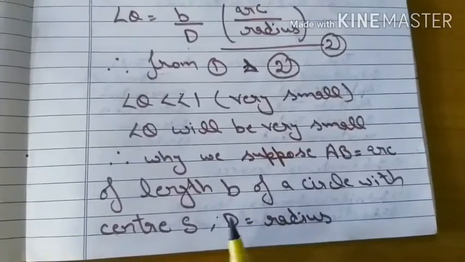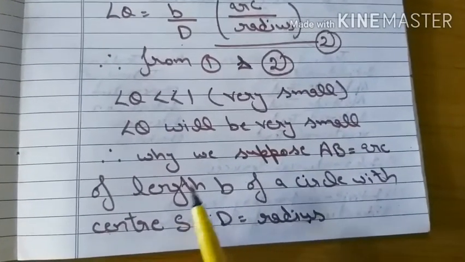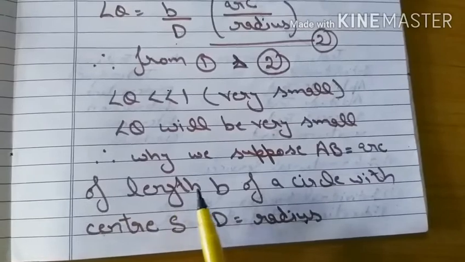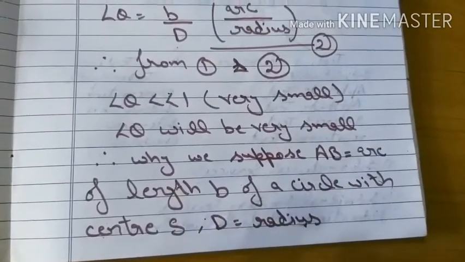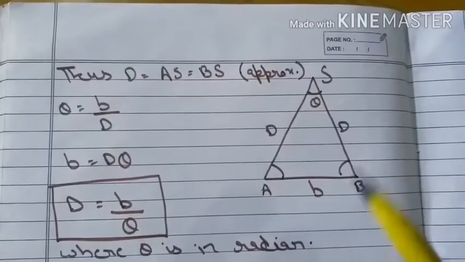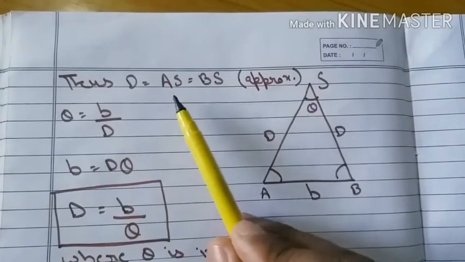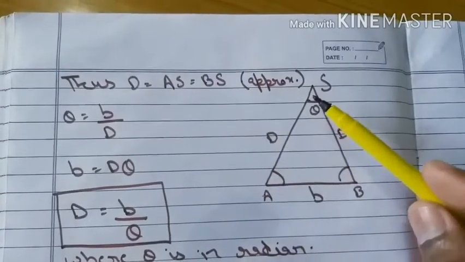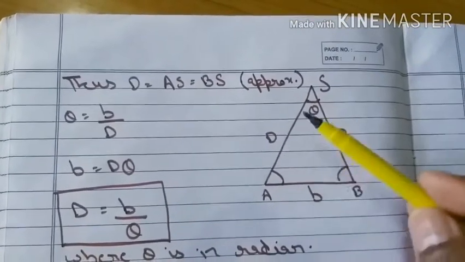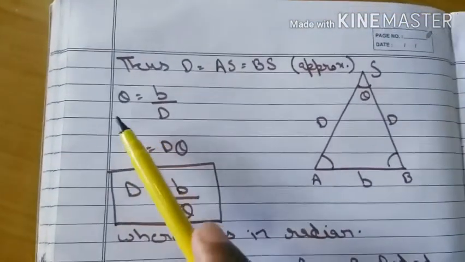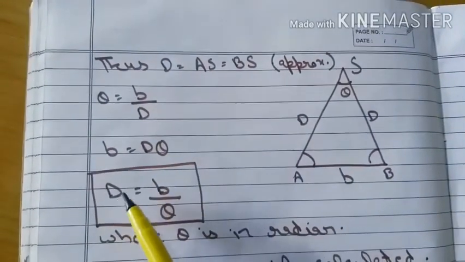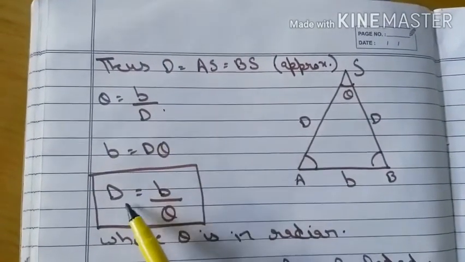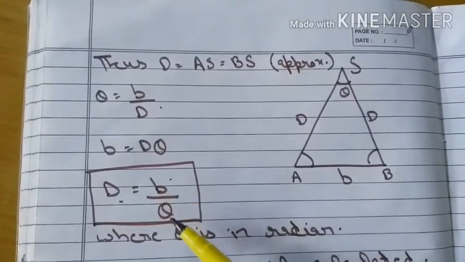So d will be the radius, and length b of AB is equal to the arc of length b of a circle with center S. Now d is equal to AS is equal to BS, that is the distance of the planet from the Earth, which we have to find, and angle theta is equal to b by d, and from this expression d would be equal to b upon theta.